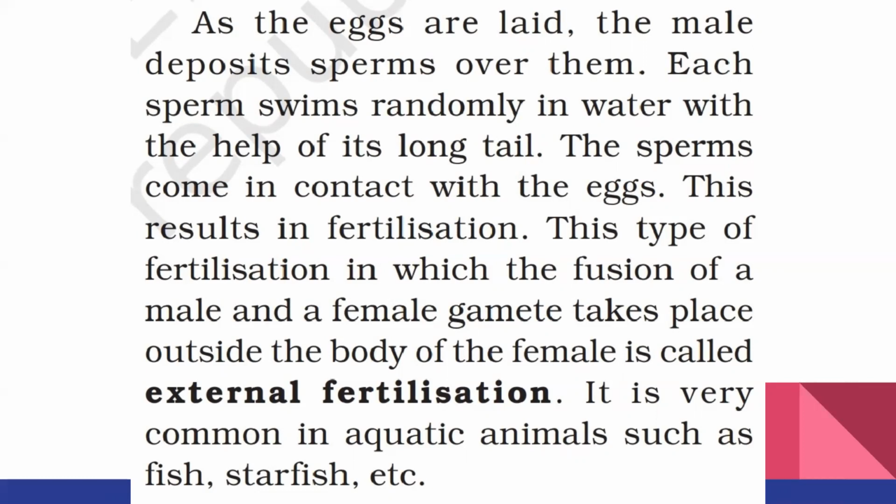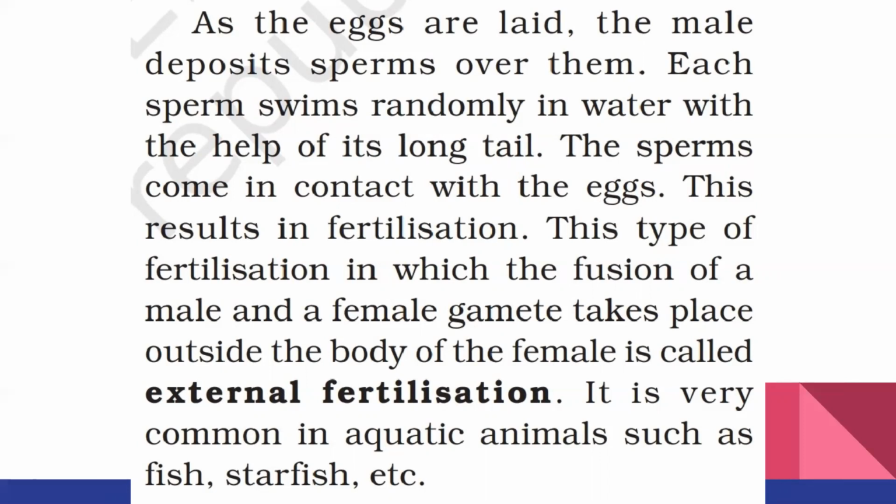And usually it is seen in aquatic animals like starfish, jellyfish, etc. These fish gather in large groups in water, and they lay eggs and release sperms together on the surface of water. The sperms fuse with the eggs in water to form a zygote, and the zygote develops into a new organism in water.